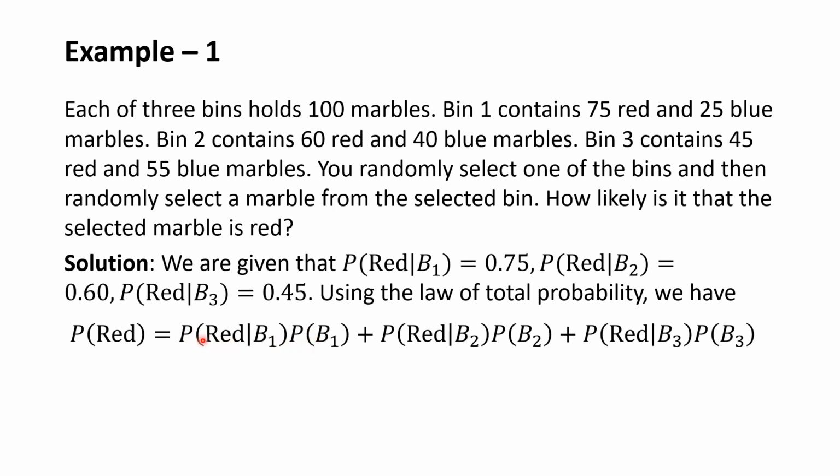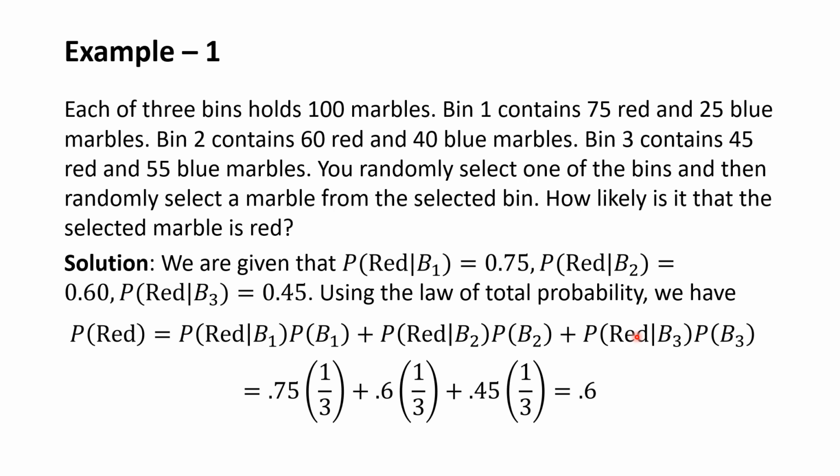And so you just write out the equation with red being the thing of interest, and then we can plug in, since we have all the numbers here. We have the probability of red, given that you've selected bin 1, that's 0.75, and since the bins are selected randomly, we're assuming the probability of B1, B2, and B3 is 1/3 each. I mean, we could have changed it.